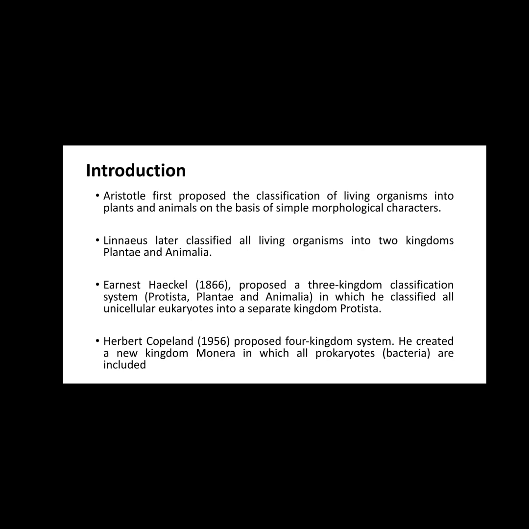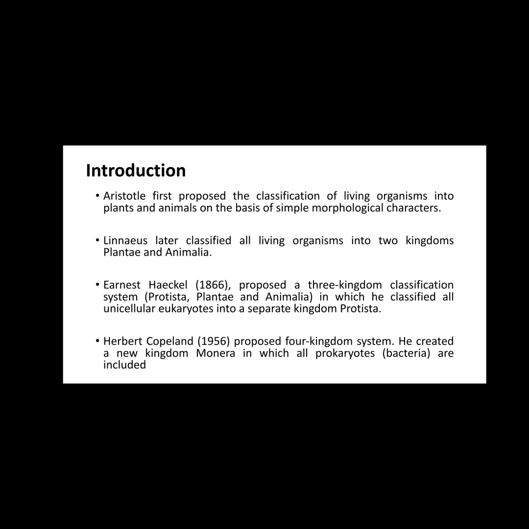Then classification. What is classification? First of all, we have to read some history behind the classification of the plant kingdom. First, Aristotle proposed a classification system for living organisms, and he categorized all living organisms into two groups, plant and animal, on the basis of morphological characters.